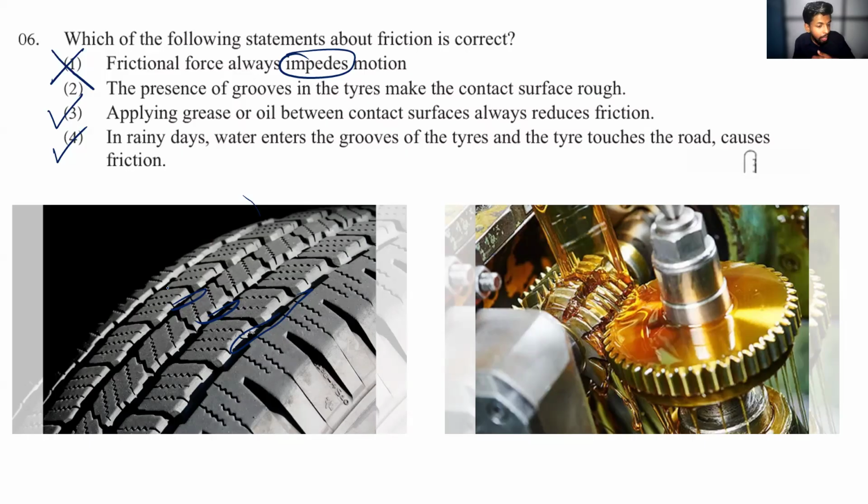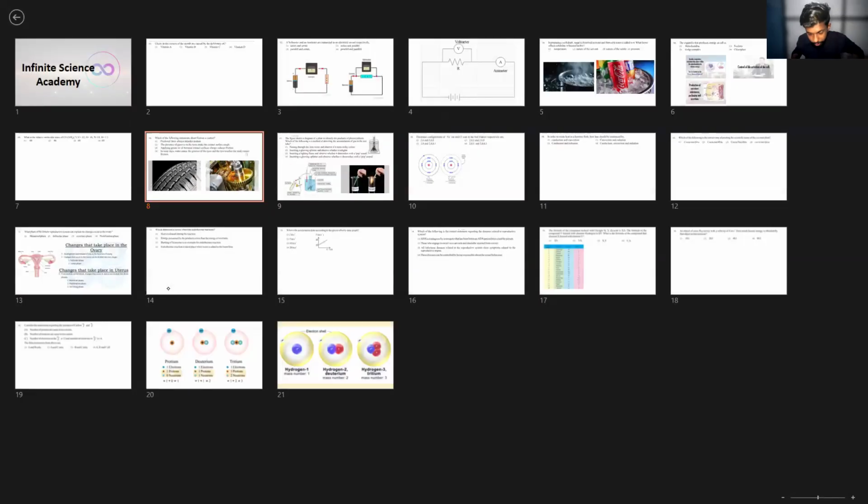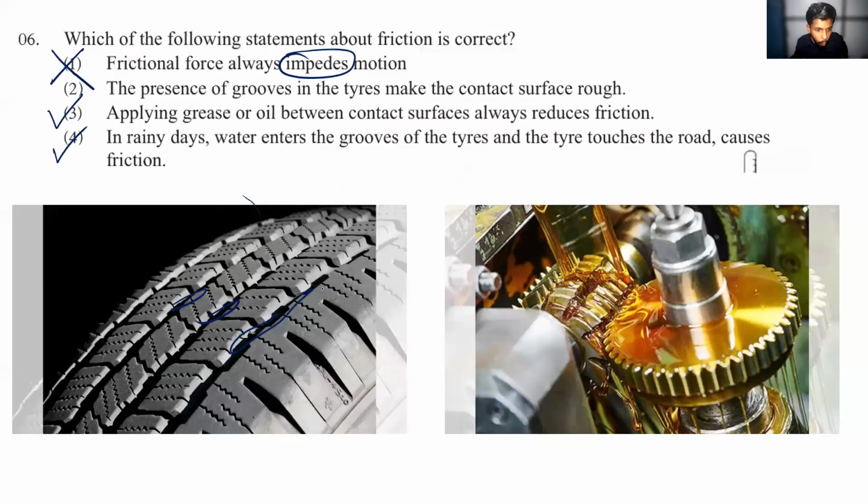So what will happen? We have the grooves, right? Inside the grooves, all the water will be filled. The tire is channeling the water through the grooves. So now there will be no water between the tire and the road. You may ask, sir, why? What happened to the water? All the water has entered into the grooves.